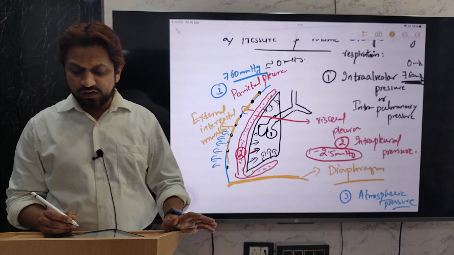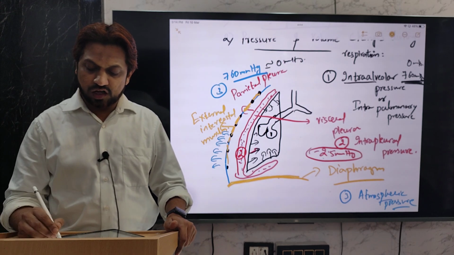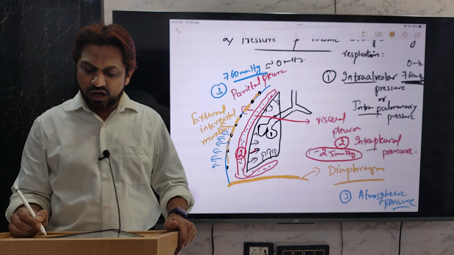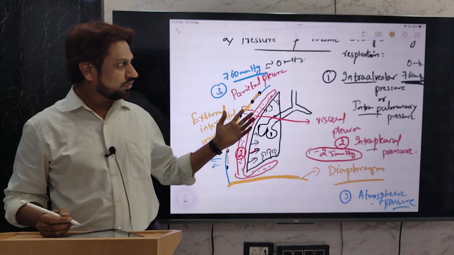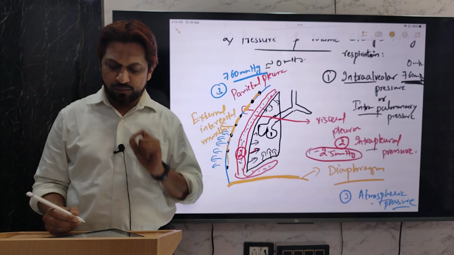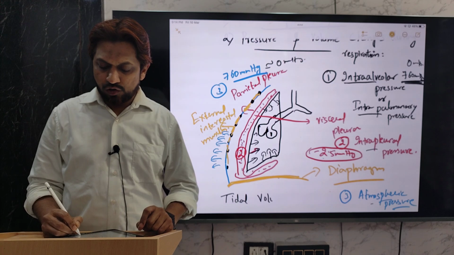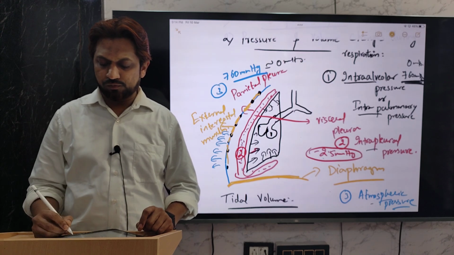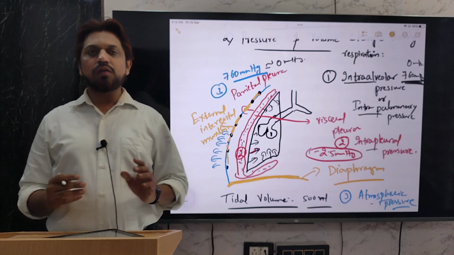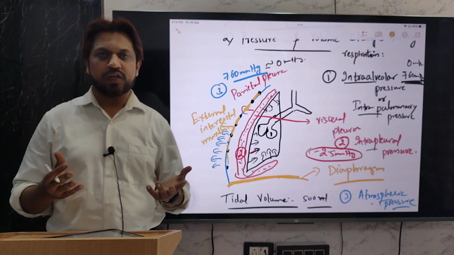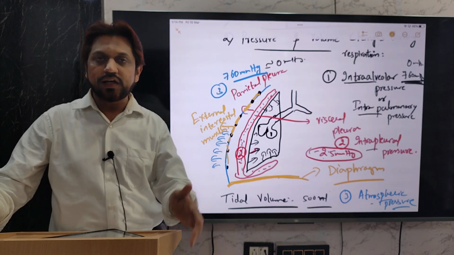Now with this background, when we know the different pressures, that is intra-alveolar pressure, intrapulmonary pressure, and the atmospheric pressure and their normal values, we'll go to the muscles for inspiration. Before that, one more very important thing I want to mention here is regarding the tidal volume. What do you mean by tidal volume? Its normal value is around 500 ml. Tidal volume means normal tidal respiration, that is during quiet breathing, the quiet inspiration and quiet expiration.